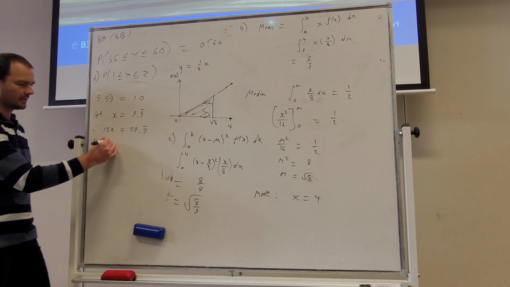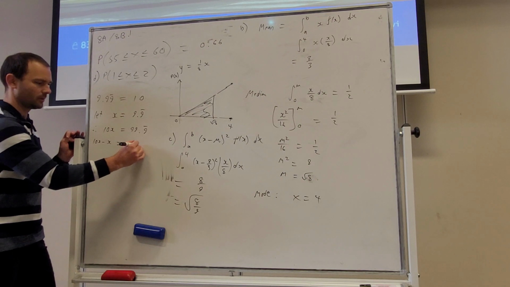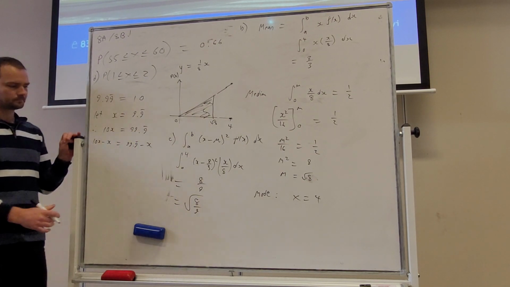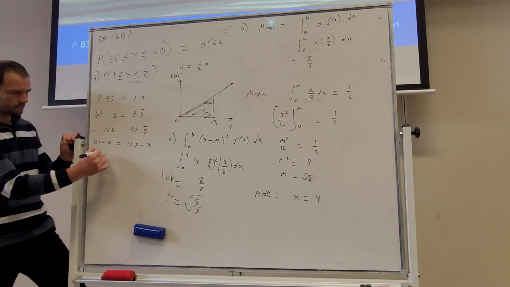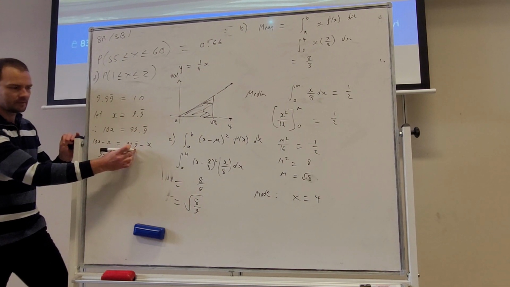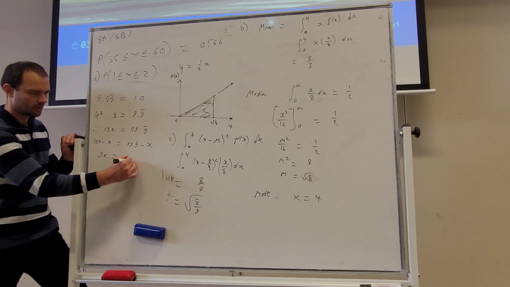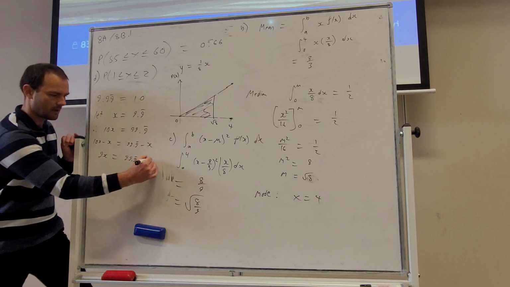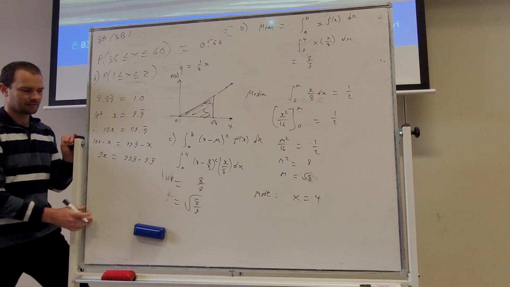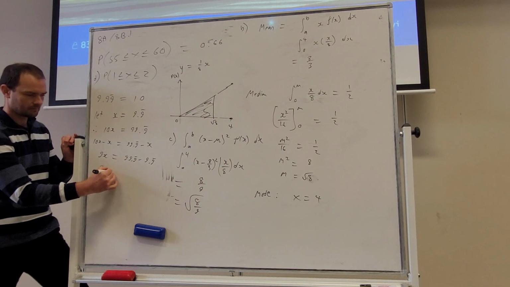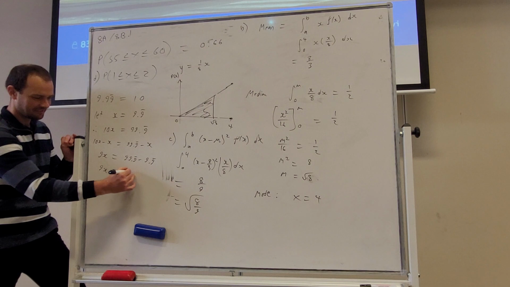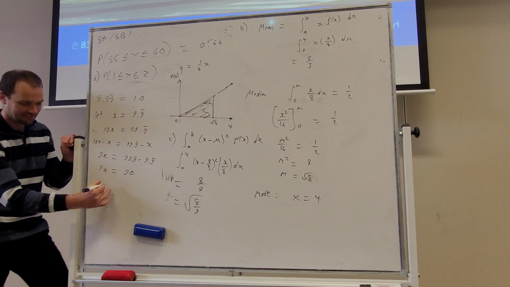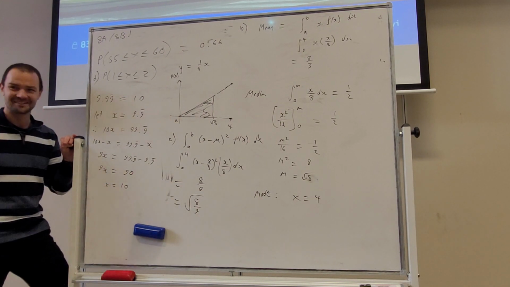So I'm going to have 10x take x equals 99.9 recurring, take x. So over here, this is going to simplify to 9x. And over here, this is going to be 99.9 recurring, take away 9.9 recurring. What does that simplify to? 90. 9x equals 90, x equals 10.